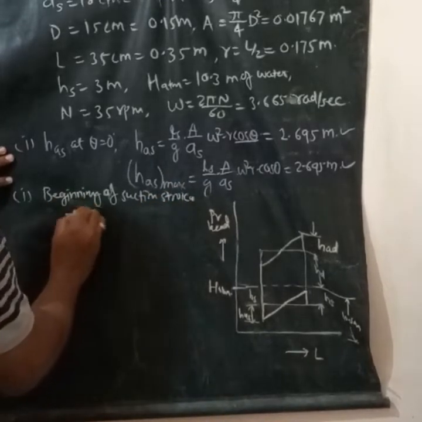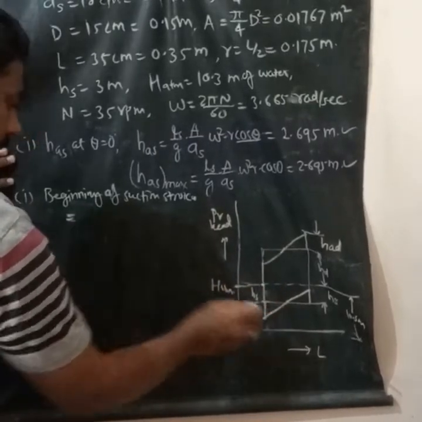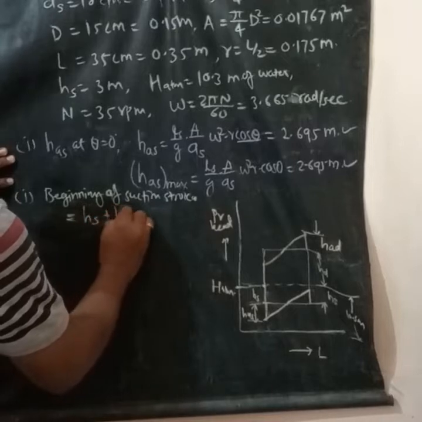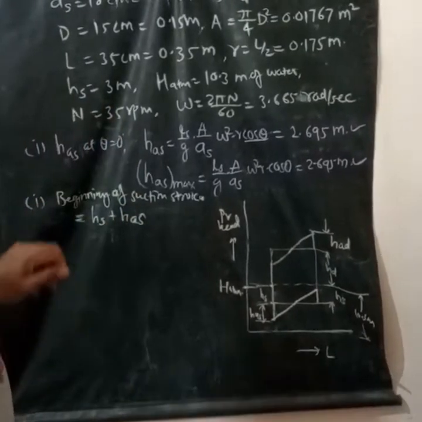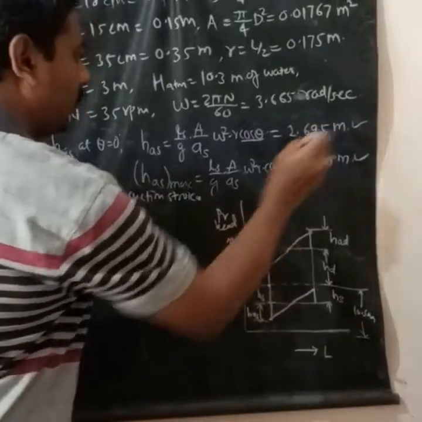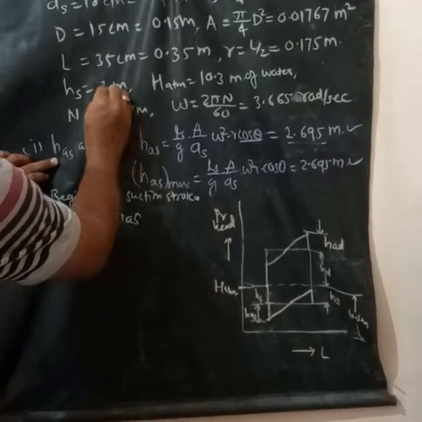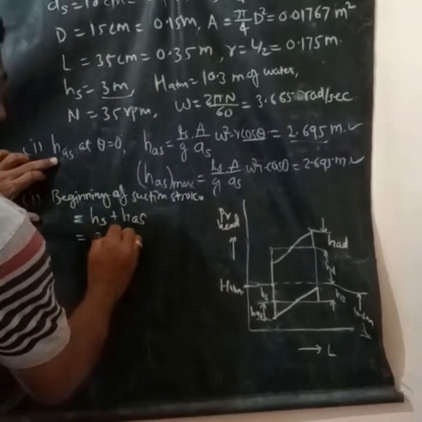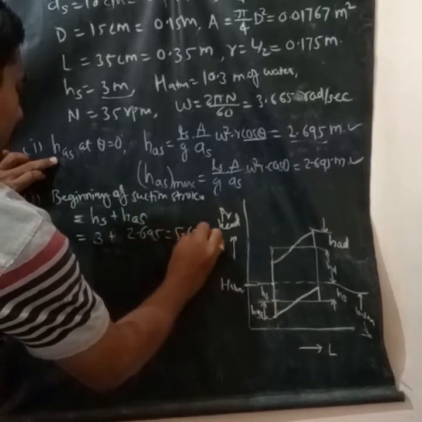The pressure is HS plus HAS. This HAS we have just calculated at theta equals 0, and HS, the suction head, is 3 meter. So it is 3 plus 2.695, that is 5.695.